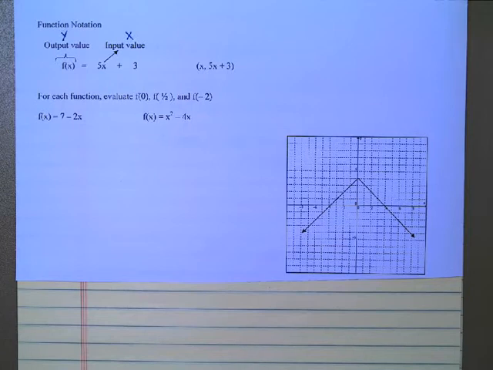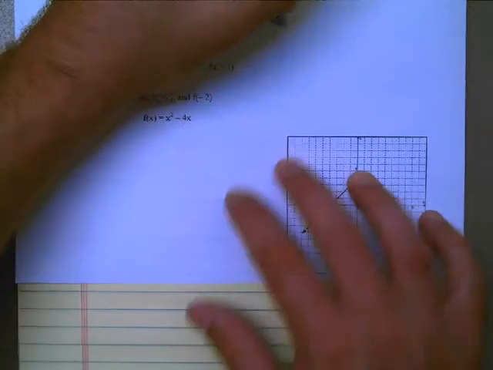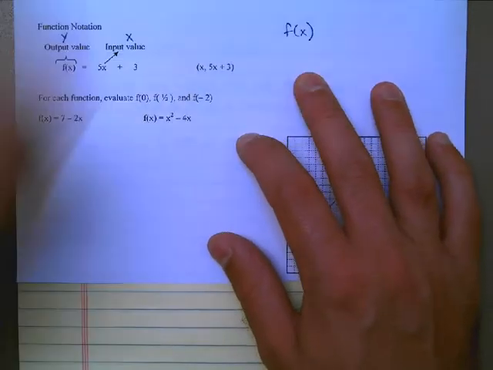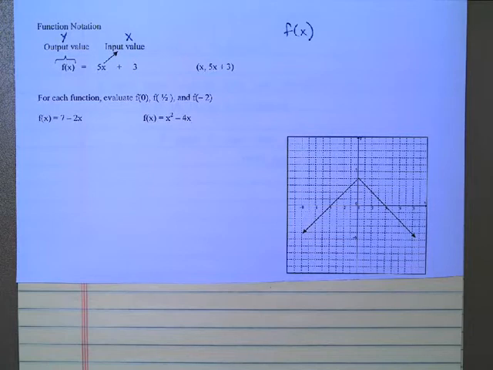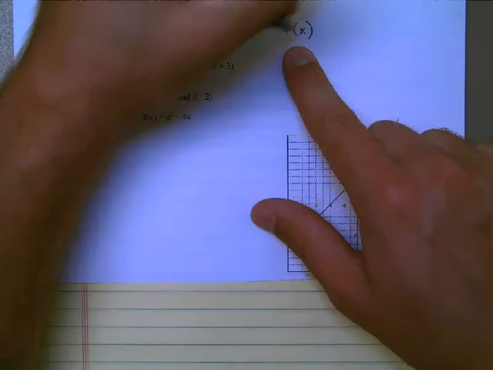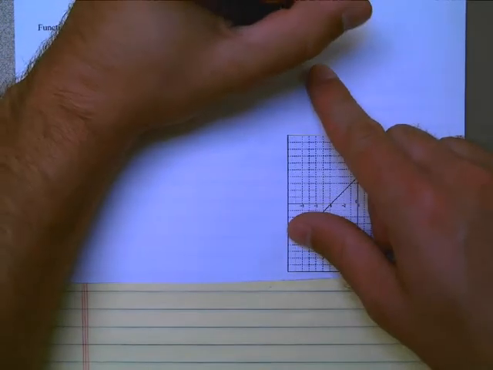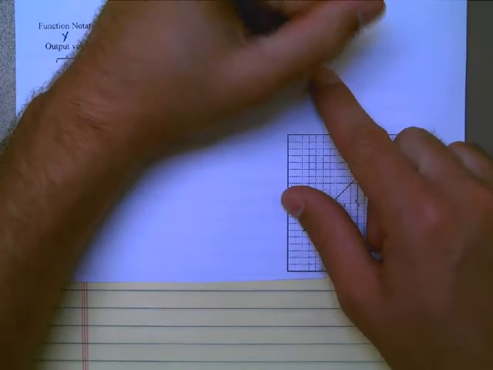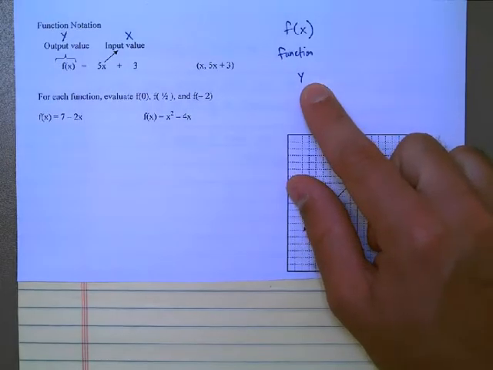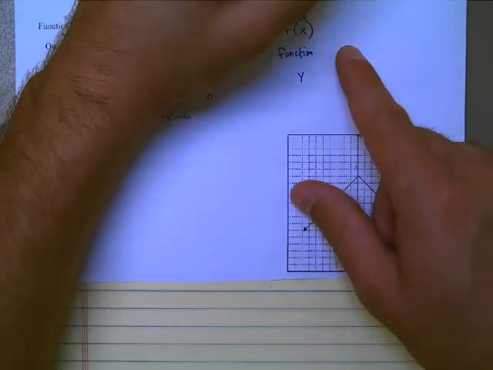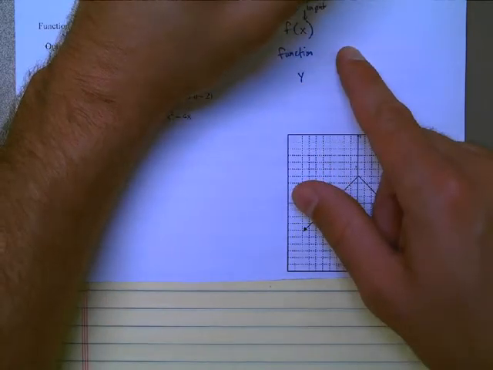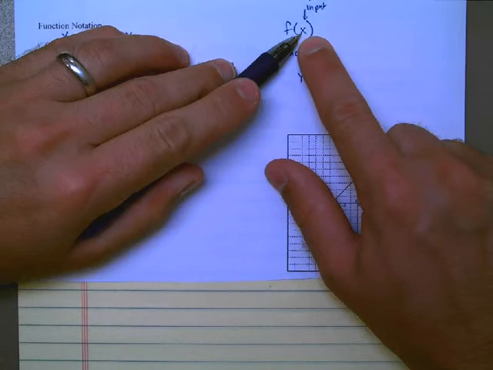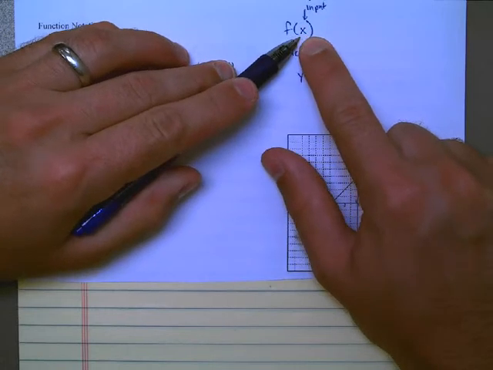And what we're saying is this. If you ever see this symbol here, what that really means is: the function, what is the y value, what is the output, given this number inside the parentheses as the input.